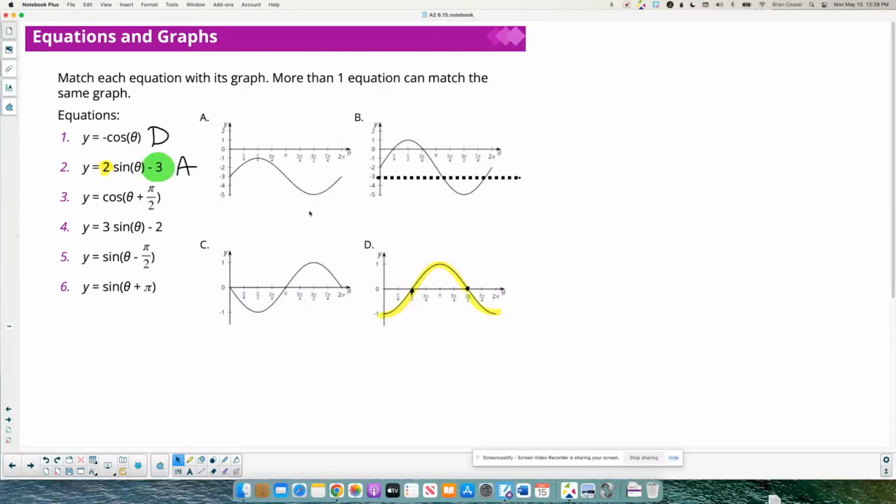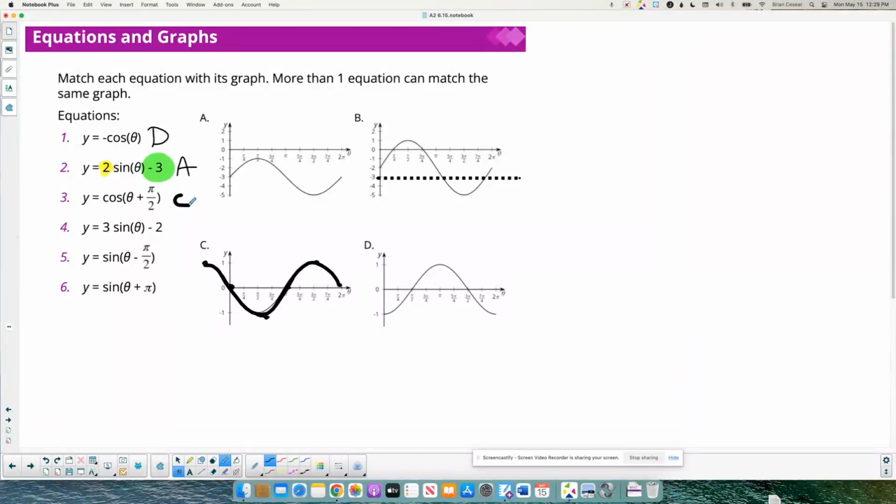So cosine, my midline's at 0, so I could get rid of A and B. It's definitely got to be C or D. So let's just graph the cosine graph and translate everything left pi over 2. And again, my graph is not perfect here, but this looks pretty good for C.